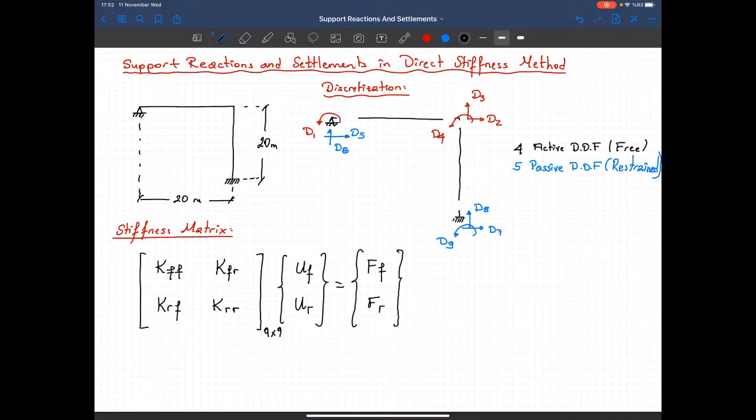So let's write their definitions. UF is the unknown degrees of freedom, or the active degrees of freedom.